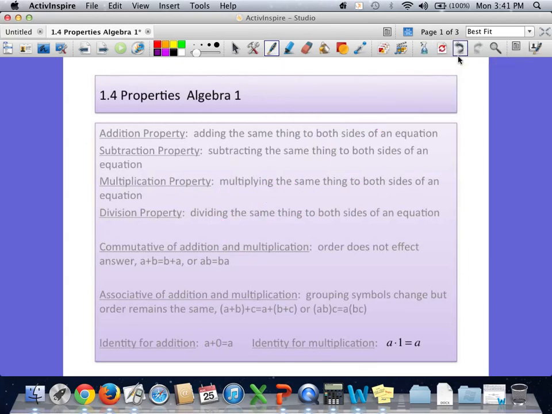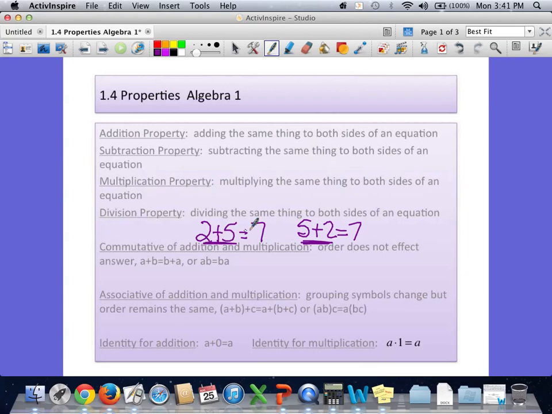Commutative property of addition and multiplication. The order does not affect the way the answer turns out. So in other words, you can say 2 plus 5 is equal to 7, and also 5 plus 2 still equals 7. That would be commutative. Order did not matter.